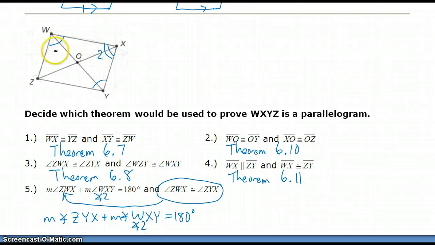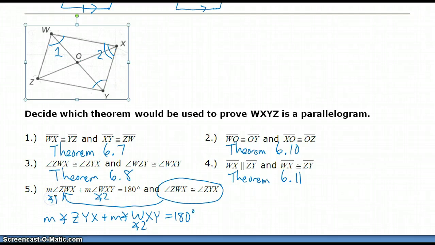Well, here's the first consecutive angle, angle 1. Let's just call that angle 1. And my other consecutive angle, I'm going to call that angle 3. So I have an angle that is supplementary to the two consecutive angles. So by theorem 6.9, I have a parallelogram.